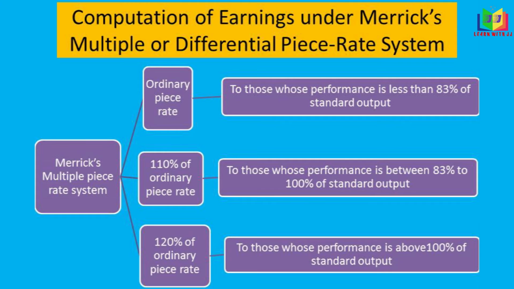Ordinary piece rate is paid to those whose performance is less than 83% of the standard output, 110% of ordinary piece rate to those whose performance is between 83 and 100% of standard output, and 120% of ordinary piece rate to those whose performance is above the standard output.